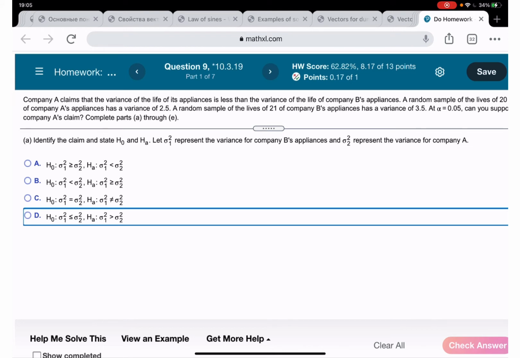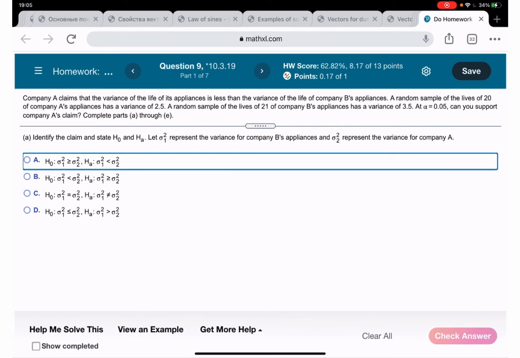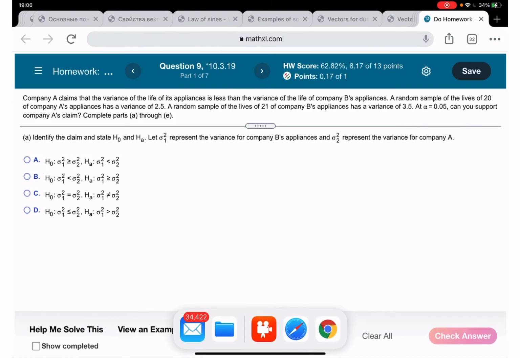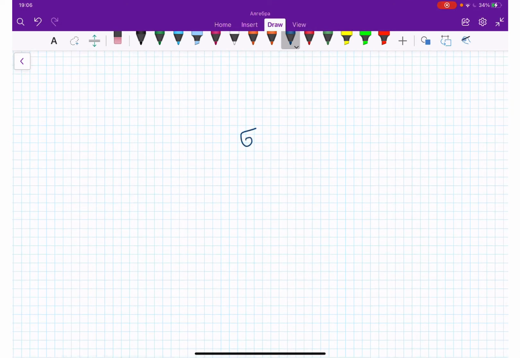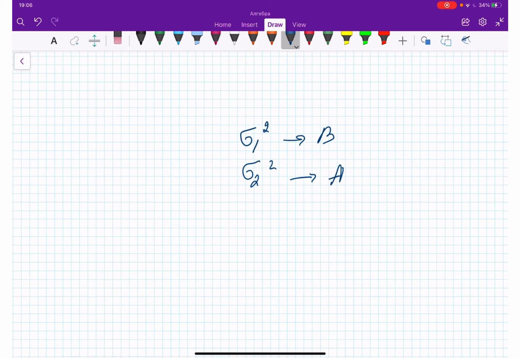That's for the F statistic. So since 3.5 is greater than 2.5, 3.5 is S1 squared, which is for company B, and 2.5 is S2 squared, which is for company A. From here we write down the claim.